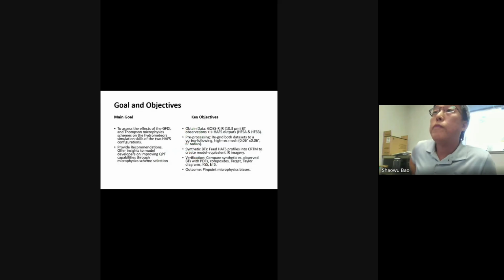The goal is to assess the effect of the two different microphysics schemes, GFDL and Thompson, on the hydrometeor simulation or forecast skill of the two HAFS model versions, and so to provide recommendations on how to further improve the models, especially the microphysics.